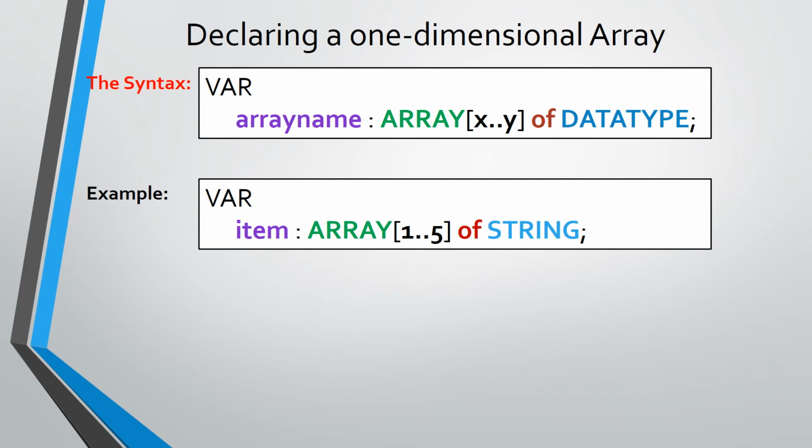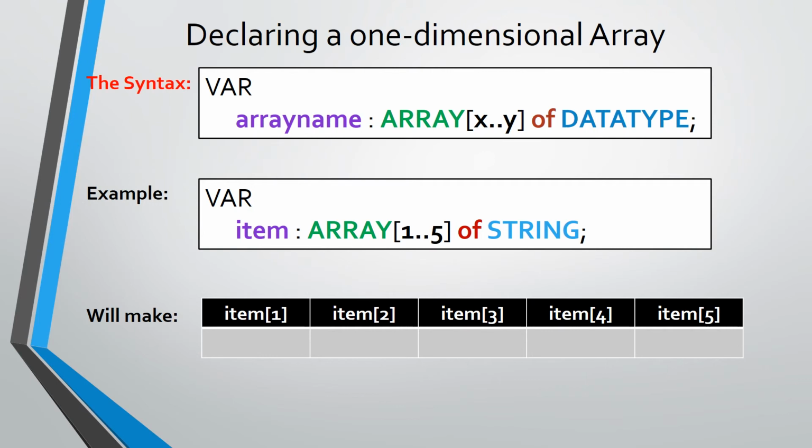Then I showed them an example related to the question I had before: var item: array[1..5] of string. And I showed them it will make this box here.